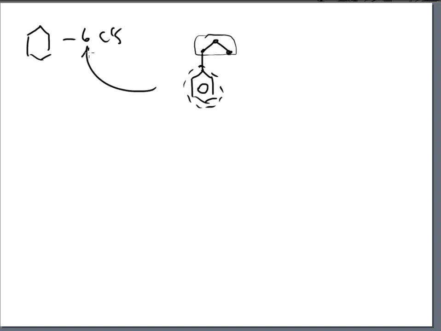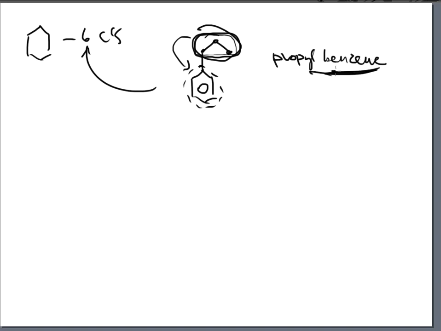Well, you always go back to the longest carbon chain. That's what this is always about. It's what it's always been about for IUPAC, meaning that benzene really takes priority. So I'm going to name this group on a benzene ring. So I'm going to call this propylbenzene. Okay, I'm going to name it as a benzene properly, and then the group attached onto this, I'm going to name that as a substituent.